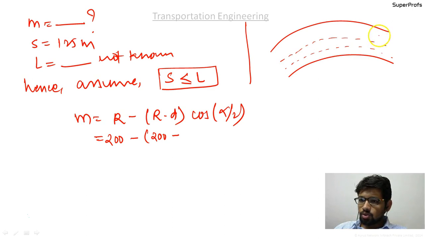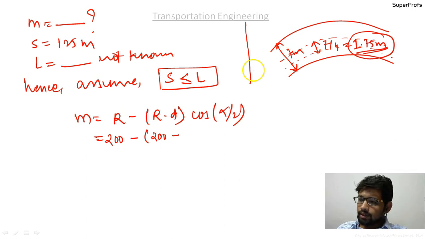They have given that the width of the road is 7 meters. So this distance d will be equal to 7 by 4, that is 1.75 meters. So 200 minus 1.75 into cos of alpha by 2.